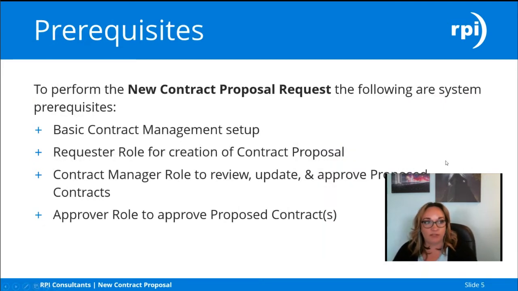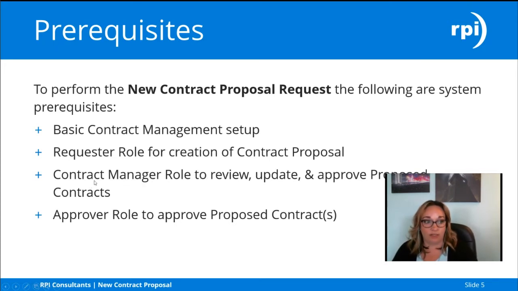So some of the prerequisites to perform the new contract proposal request is, to be quite honest with you, just basic contract management setup. What we're going to look at today is there are no customizations in place as far as the forms are concerned. But in order to utilize this function, you would want somebody in your organization to have access to the requester role to be able to create the contract proposal.